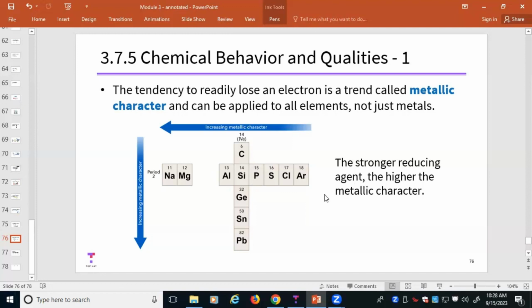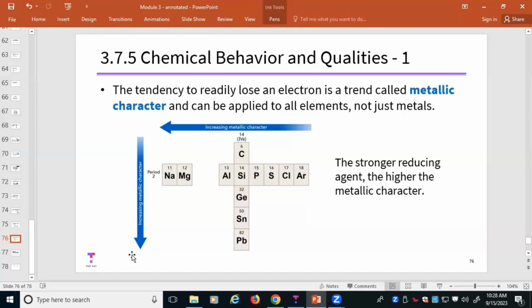And we see that as we go from right to left, so from the non-metal side of the table to the metal side, and from the top to the bottom, we tend to see increases in metallic character.